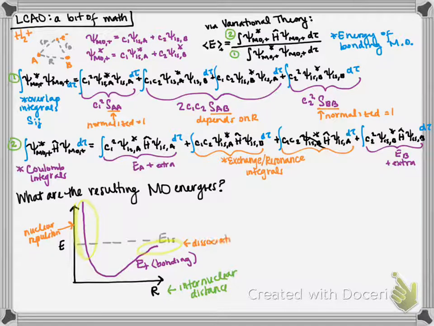But if we were to keep going at large R, we'd see that the energy will level off and form an asymptote with E1s. And this represents dissociation from being an H2 molecule, or in this case an H2+, to being an H+ atom, or two H+ atoms. And so we'll see dissociation at large R.